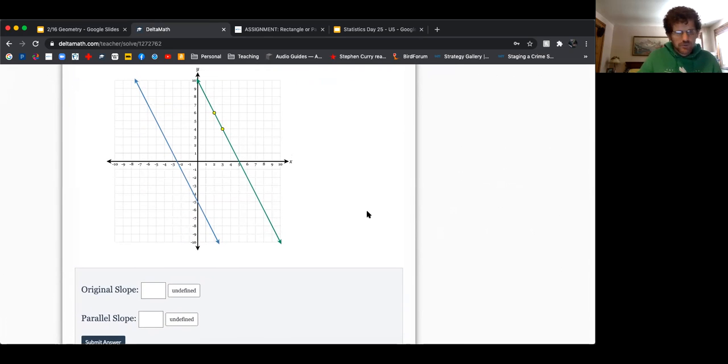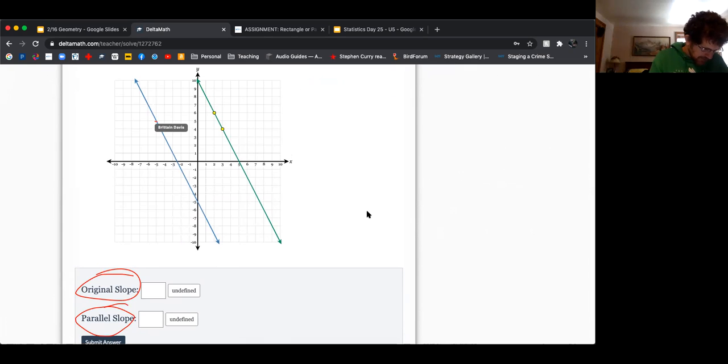And now it wants me to write down the original slope and the parallel slope. So the original slope comes from the blue line. And for that, I can just pick any point that it passes through, and then any other point that it passes through. And I want to find the slope of it. Remember, your slope is rise over run.